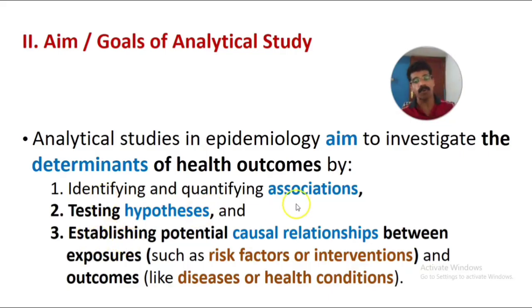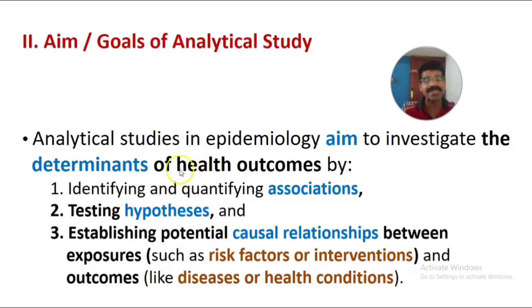Then, testing hypothesis. Usually in descriptive study, at the end we prepare the hypothesis that will be tested, that will be proved, in analytical study. Then the third one is establishing the possible causal relationship between the exposure, predisposing factor, risk factors or any interventions, and the outcome, that is the disease, health event or health problem.